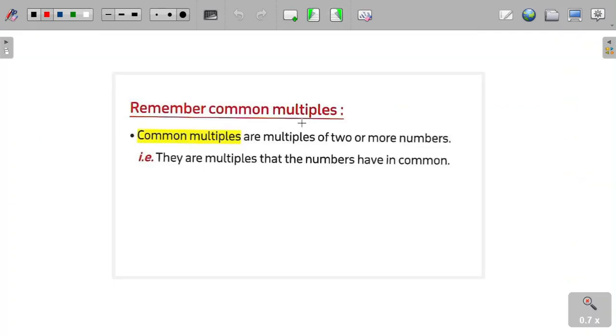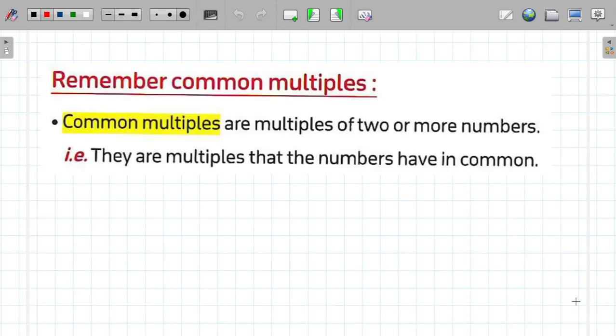Next, I want to remember the common multiples of any two numbers. What is the meaning of common multiples? Common multiples are multiples of two numbers or more. So they are multiples that the numbers have in common. Like the last example, I have 2 times 5 equals 10.